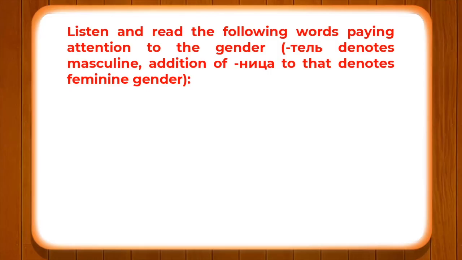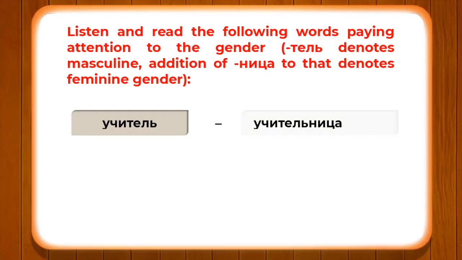Let's pay attention to these examples. Учитель. As you already know, учитель means a school teacher or a teacher. If we are going to change it into a feminine gender word, then we have a technique of adding ница after it. So учитель, учительница.